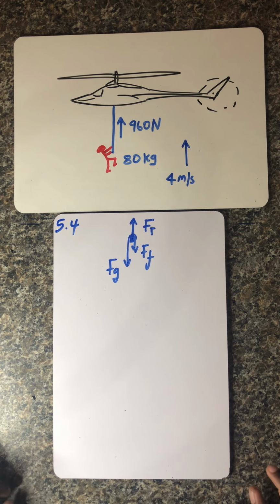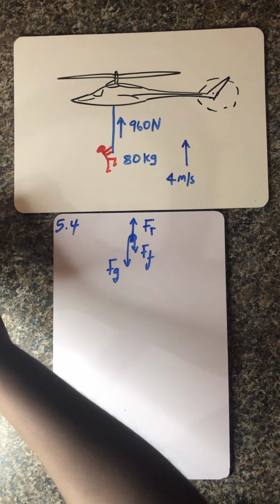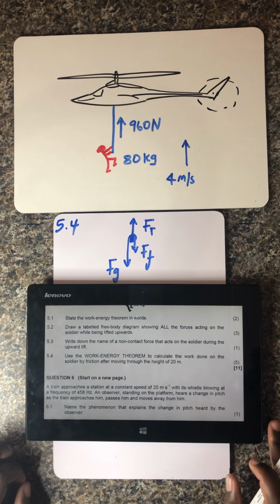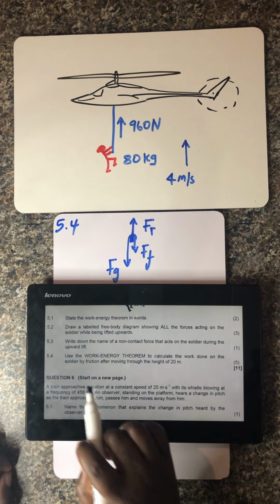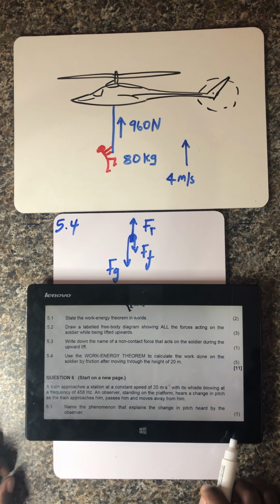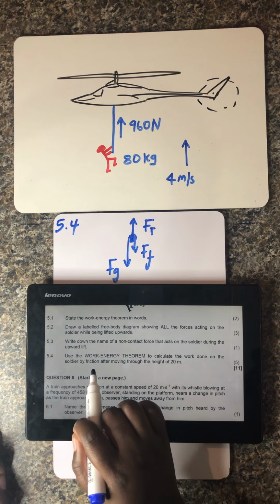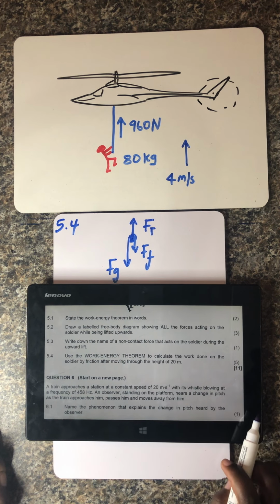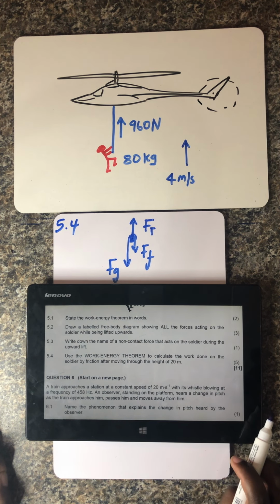So, ladies and gentlemen, this is one of those questions where you might need to apply your full understanding, ladies and gentlemen. Let's just quickly try to check something. Let me see. Use the work energy theorem to calculate the work done on the soldier by friction after moving through a height of 20 meters.